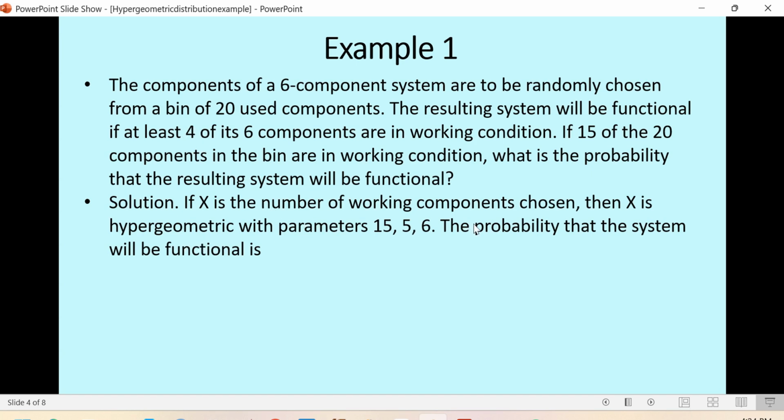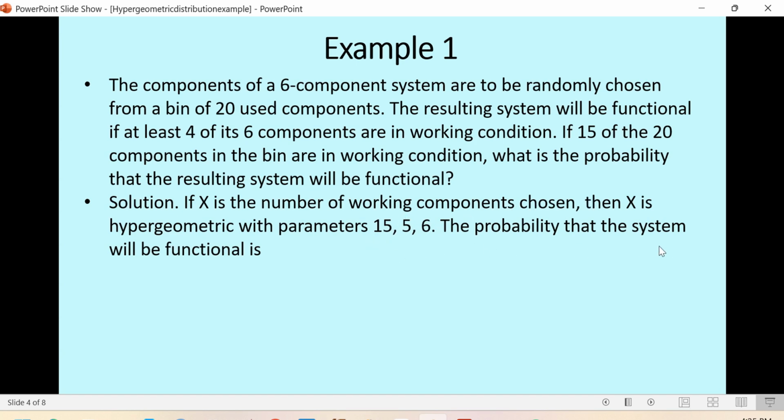So this is the hypergeometric random variable X. X is the functional number we are interested in from the 6 components selected. So we use X as a hypergeometric random variable with parameters 15, 5, 6. 15 is the total functional parts in the population, 5 is the total non-functional defective parts in the population, and 6 is the number chosen from the population.